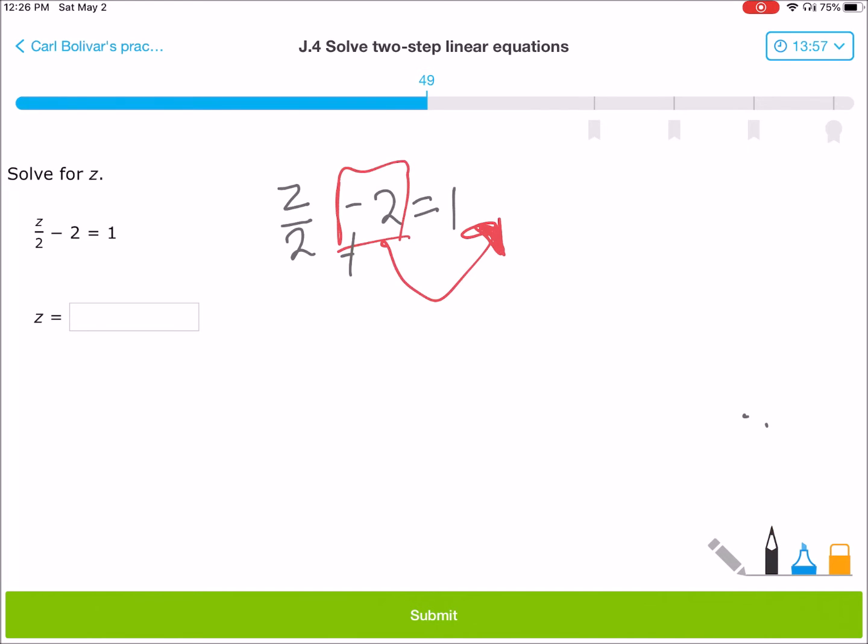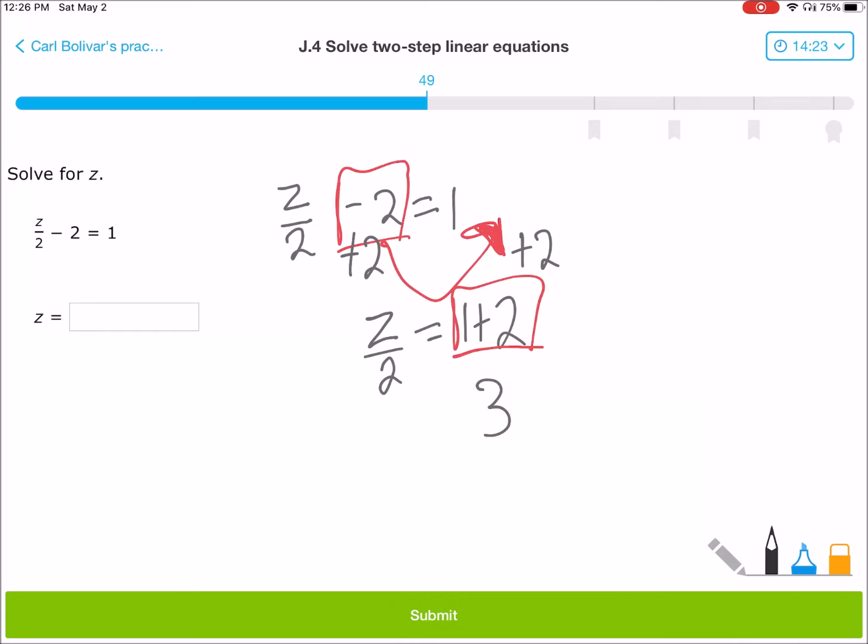Well, let's add 2 to each side so that it eliminates on one side, and on the other side we just add it so that it's equal. So then this would be Z over 2 is equal to 1 plus 2. Okay, so 1 plus 2 is 3.